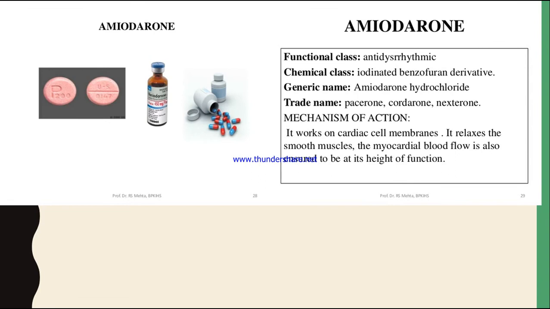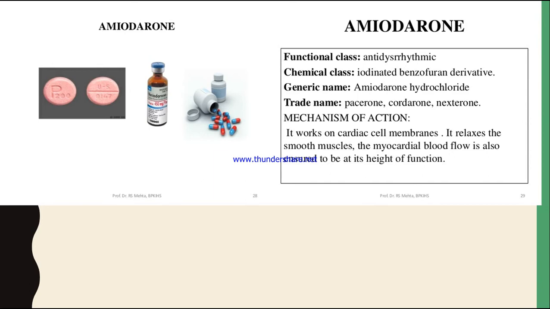The next common drug is amiodarone. The functional class is an antidysrhythmic agent, commonly used in patients having abnormal rhythms. The chemical class is an iodinated benzofuran derivative. The generic name is amiodarone hydrochloride. The trade or brand names are Pacerone, Cordarone, and Nexterone.